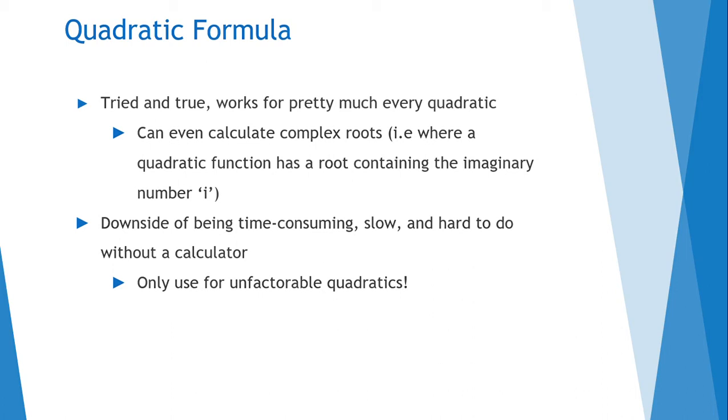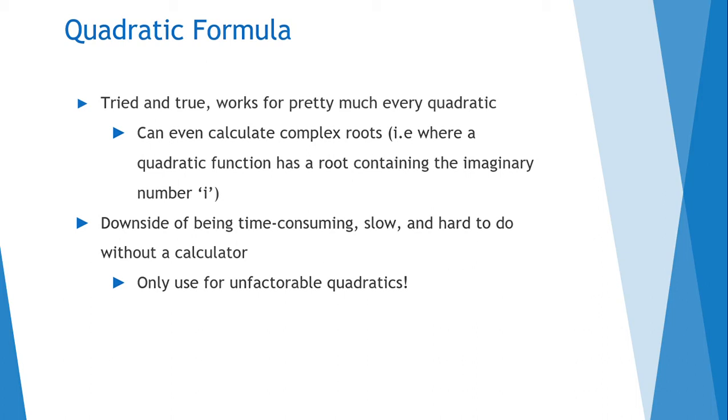The downside of this omnipotent formula is that it is time-consuming, slow, and hard to do without a calculator. When we look at that formula on the other slide, we'll see that there's actually a square root. So if you don't end up with a nice pretty square within that square root, we're going to end up with something that gives us a lot of decimals.